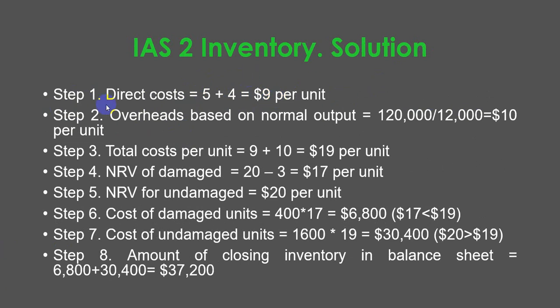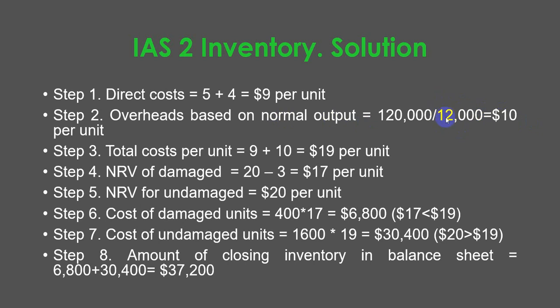per unit. Step 2, we need to calculate overheads based on normal output. So we have our total overheads of $120,000. We have our normal output of 12,000 units, and we have our overheads based on normal output of $10 per unit.